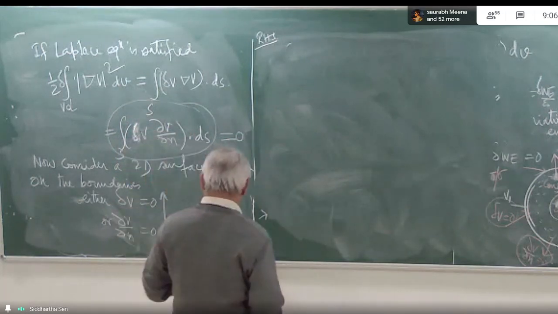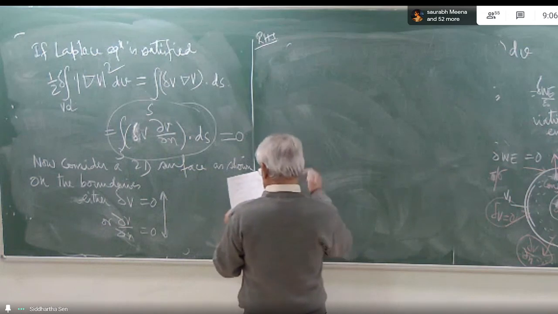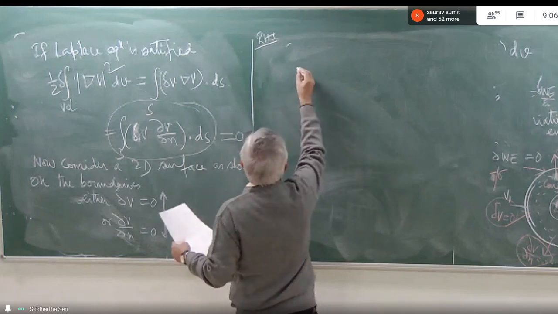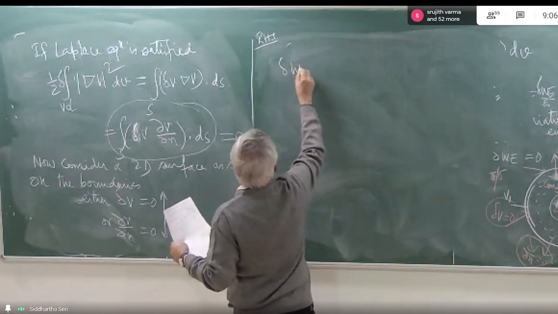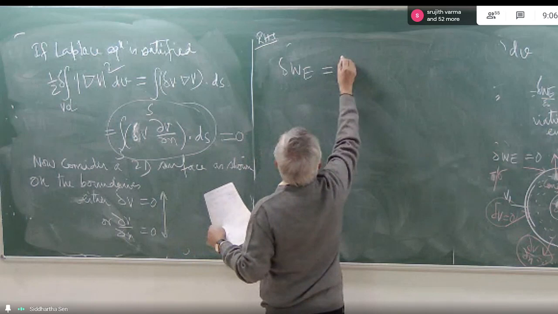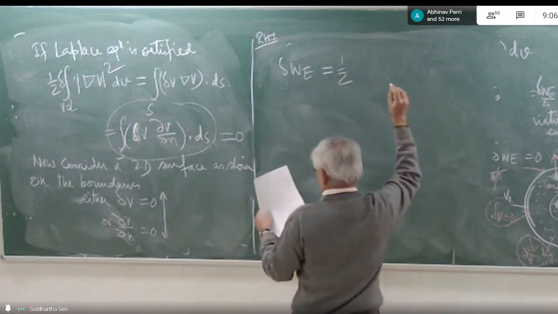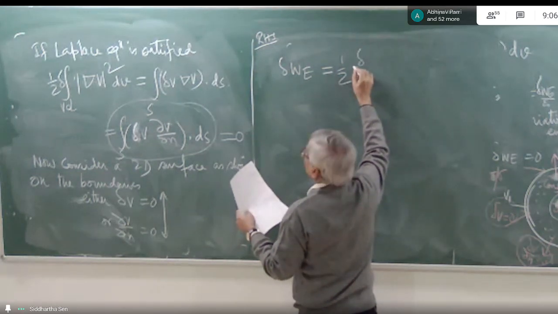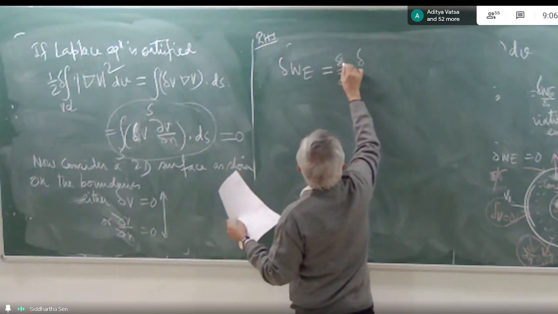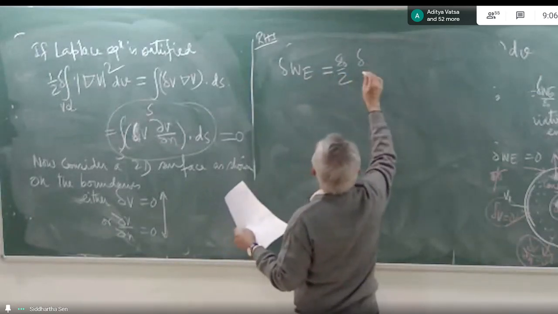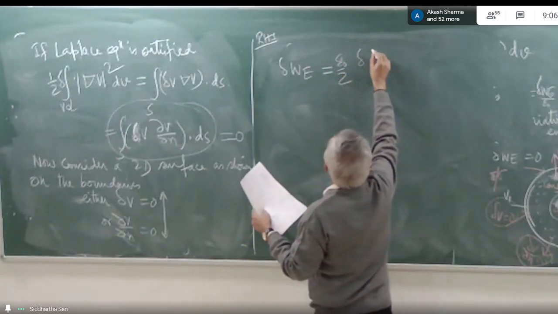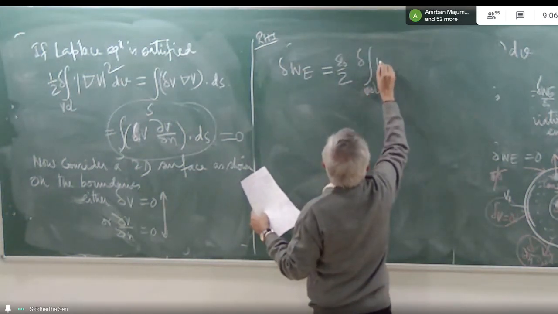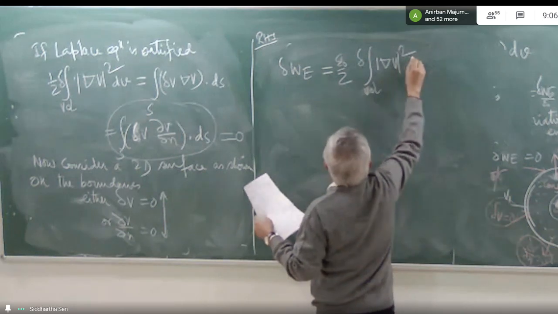So therefore, delta W e equal to half of, this will be epsilon 0 by 2, isn't it? Epsilon 0 by 2 into delta of the volume integral of nabla V squared dV, equal to 0.